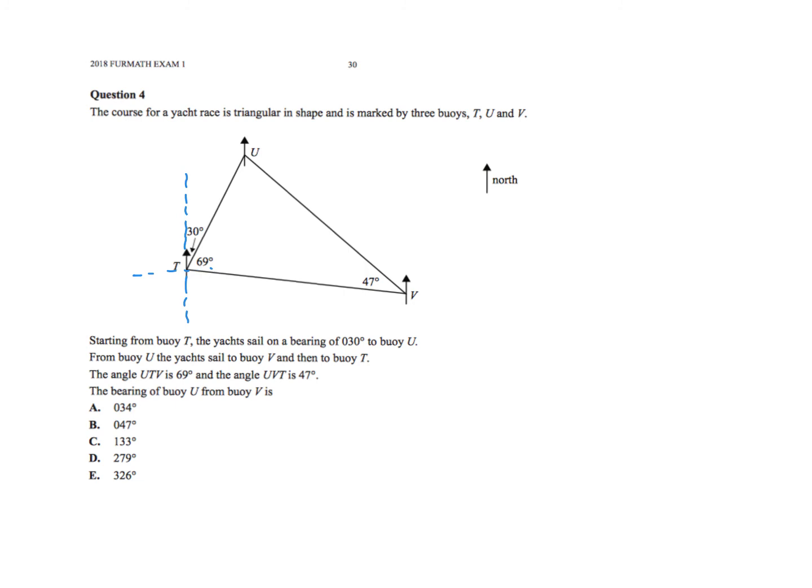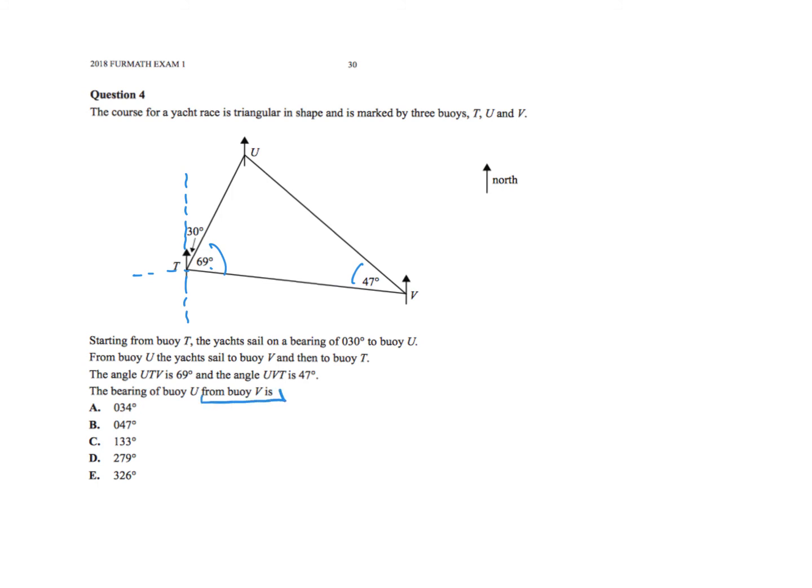So it goes at 30 to buoy U. From the buoy U, the yacht sails to buoy V and then to buoy T. The angle of UTV is 69, so they gave you that, and they gave you the angle of the other one, 47. The bearing of the buoy U, now they're saying from buoy V.